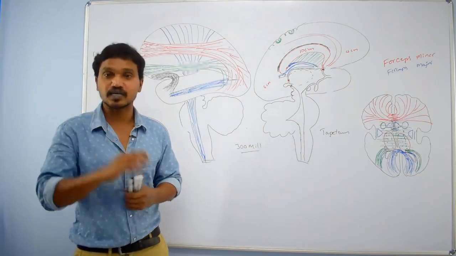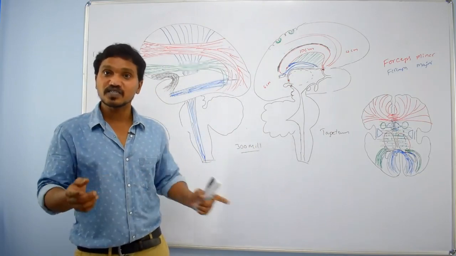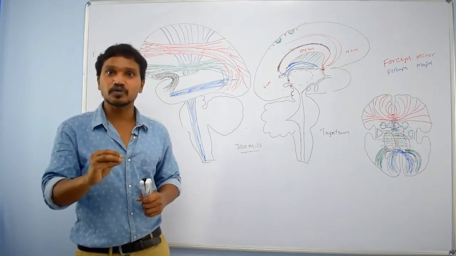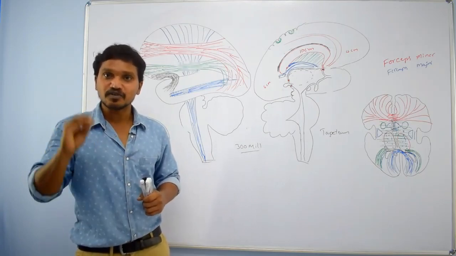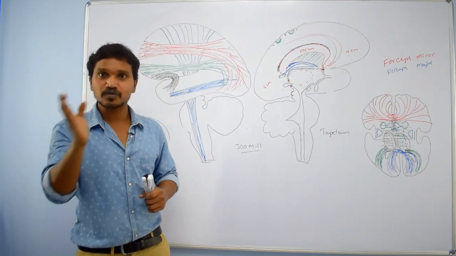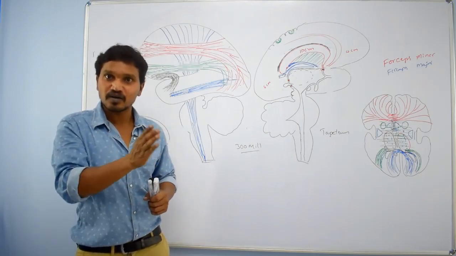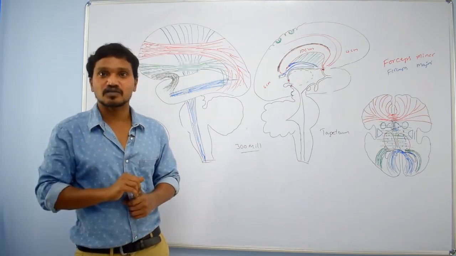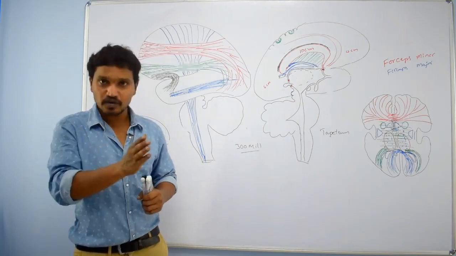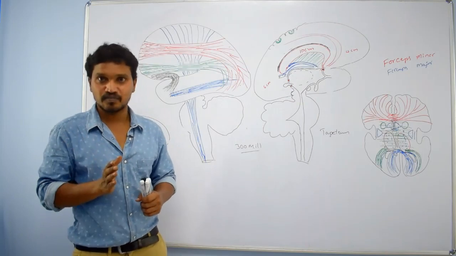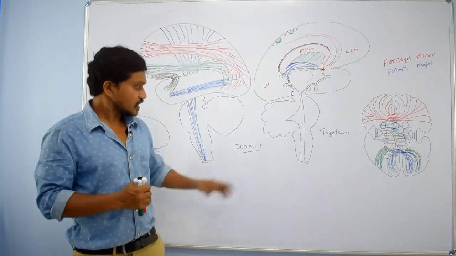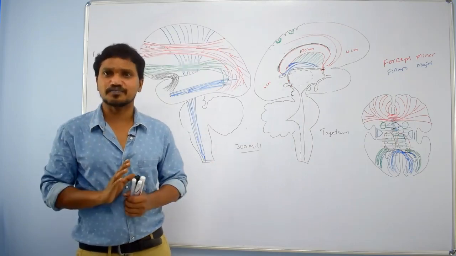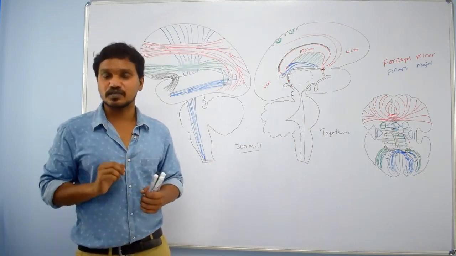Because of this immense traffic of impulses, it is able to transfer information from one hemisphere to another hemisphere. For what? For bilateral response. Right? And these fibers connect almost all areas except a few regions.